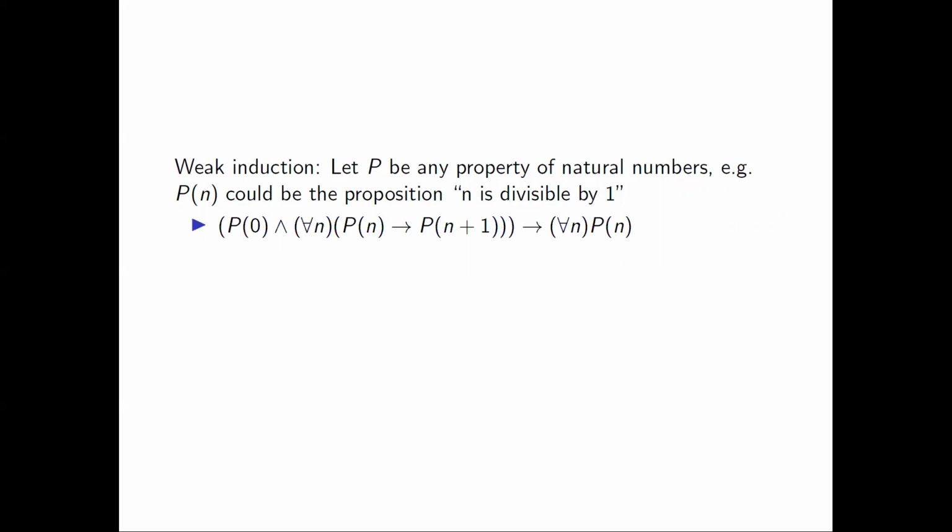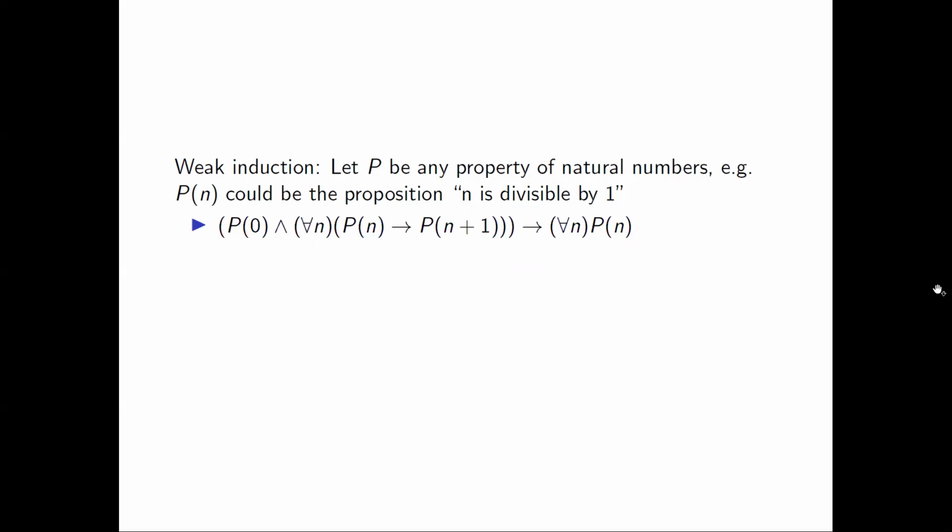The axiom says that if we have P of 0 true, and if we can show for all n that P of n implies P of n plus 1, then we can conclude that for all n, P of n is true.